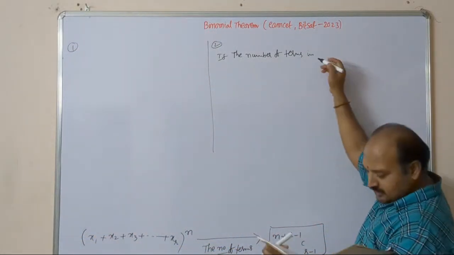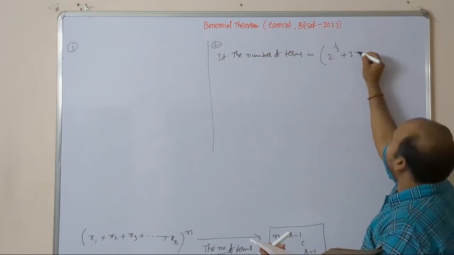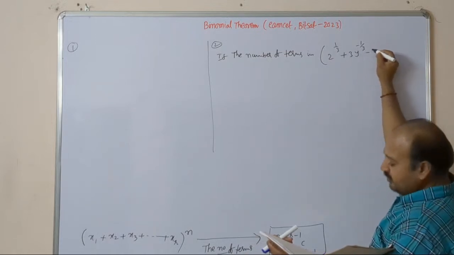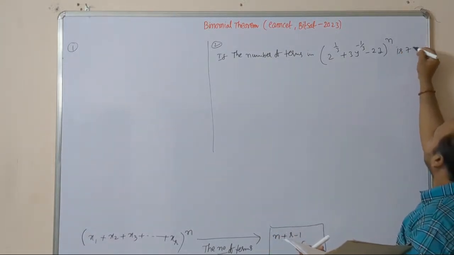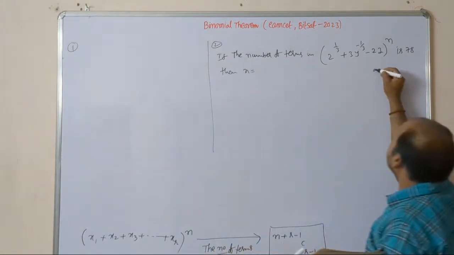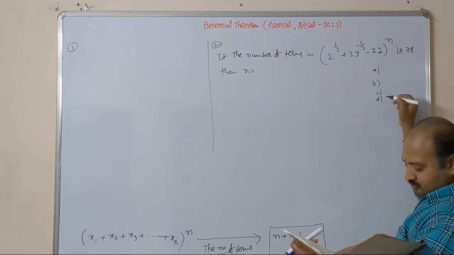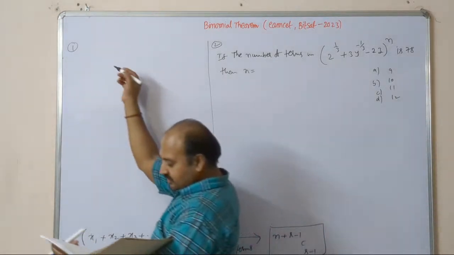If the number of terms in 2 power 1 by 3 plus 3 y power minus 1 by 3 minus 2z whole power n is 78, then n is equal to, options 9, 10, 11, 12. This is one question. This is another question.